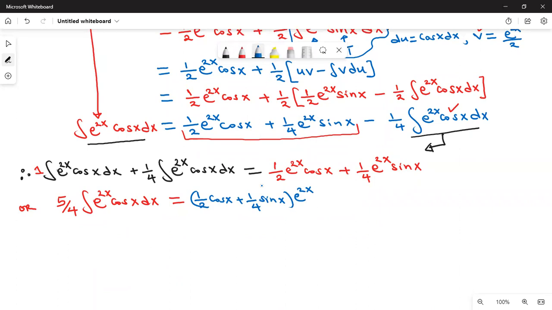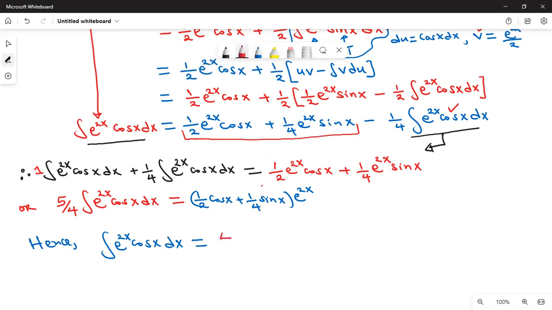So you now make this integral the subject. So divide by, or simply multiply by 4 over 5 on both sides. So you can say, hence, the integral of exponential 2x times cosine of x dx, we make it the subject. So we are multiplying by 4 over 5.